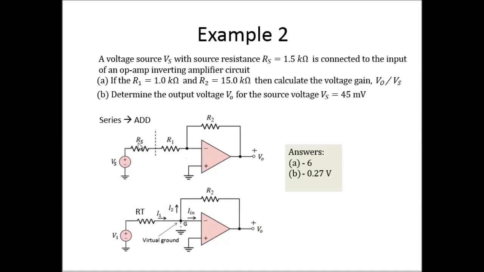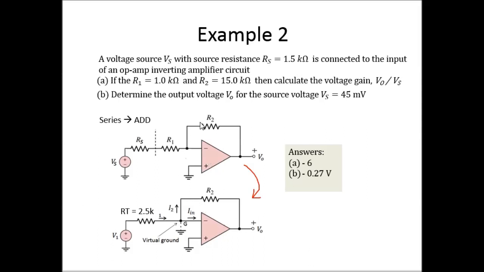If I add Rs and R1, it's 1 plus 1.5, so RT is equivalent to 2.5 kilo ohm. And R2 is 15K. Now I have this configuration, and I convert it into the standard inverting configuration.